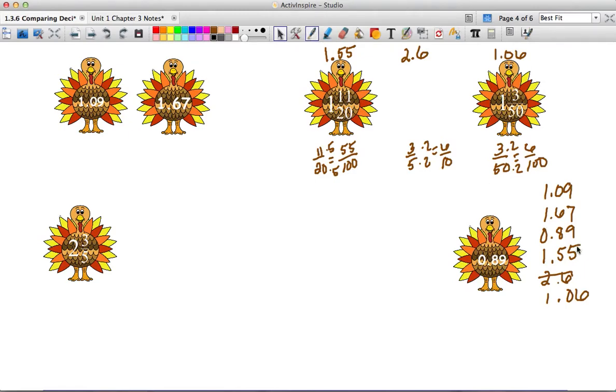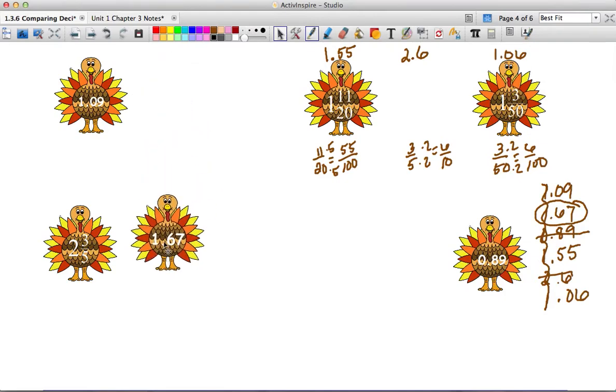Okay, so then I know that I have to look at the next column, because this isn't going to help me anymore. And I have 0, 6, 5, and 0. Well, 6 is the biggest number out of all of those. So whatever number had the 67 hundredths, which in this case was the 1 and 67 hundredths, that is going to be our next largest number.